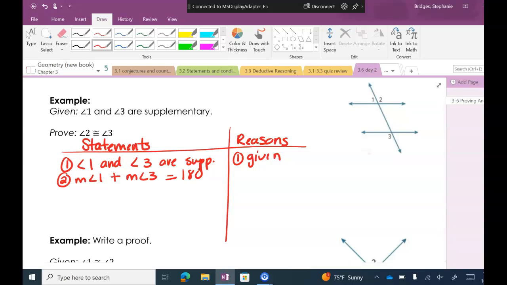Okay. And why is that? The definition of? What did they tell you the angles were in the first step? Angle 1 and angle 3 are supplementary. And so to say that they're equal to 180, that's the definition of supplementary.